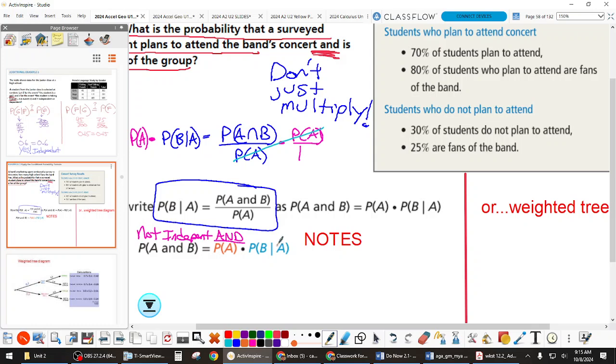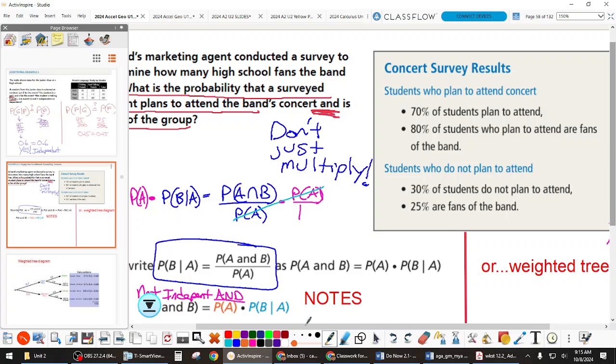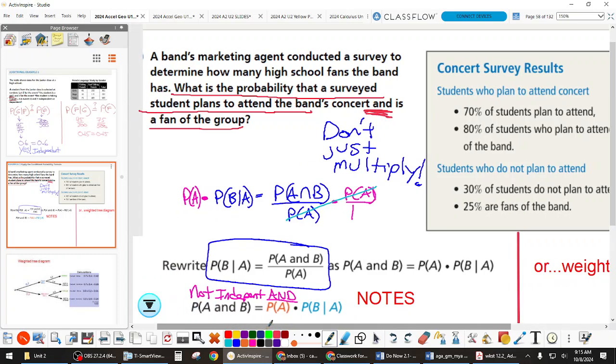Okay. Well, how do we read all this data, this percentage data, to fill this out? So let's go back. Pardon the scrolling, but it says probability that a surveyed student plans to attend and is a fan. So what are our 2 events?